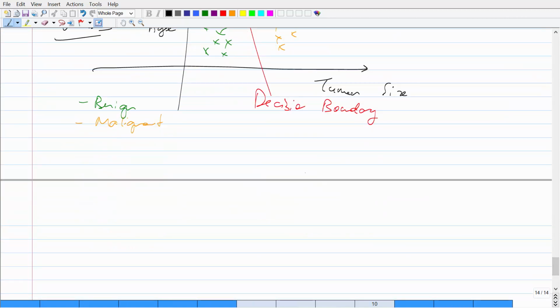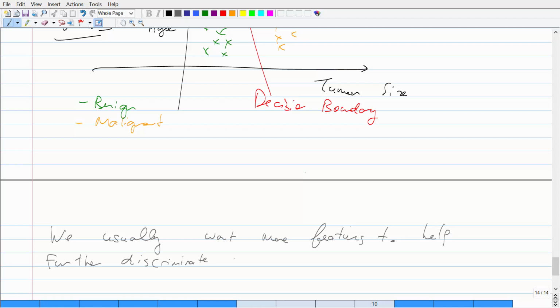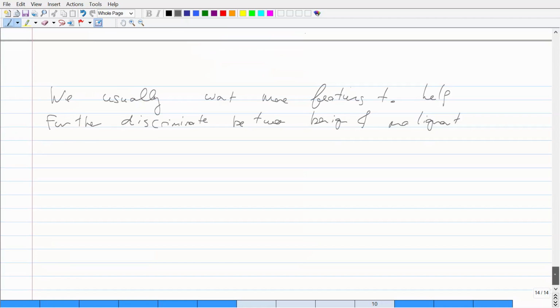Okay, so we usually want more features to help further discriminate between benign and malignant. Generally you just don't use two. You try to use as many features as possible.